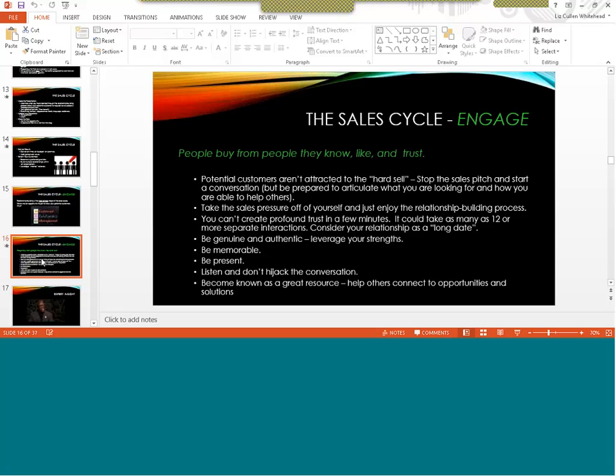Be genuine and authentic. Definitely leverage your strengths and don't try and be someone you're not. Also, don't try and say you can do everything. Another thing I hear from corporate members is that if your niche is information technology, you do IT staffing and IT consulting, and they're like, well, we're really looking for someone to be a CFO in our company. We're looking for financial people, and you say, well, I can do that.